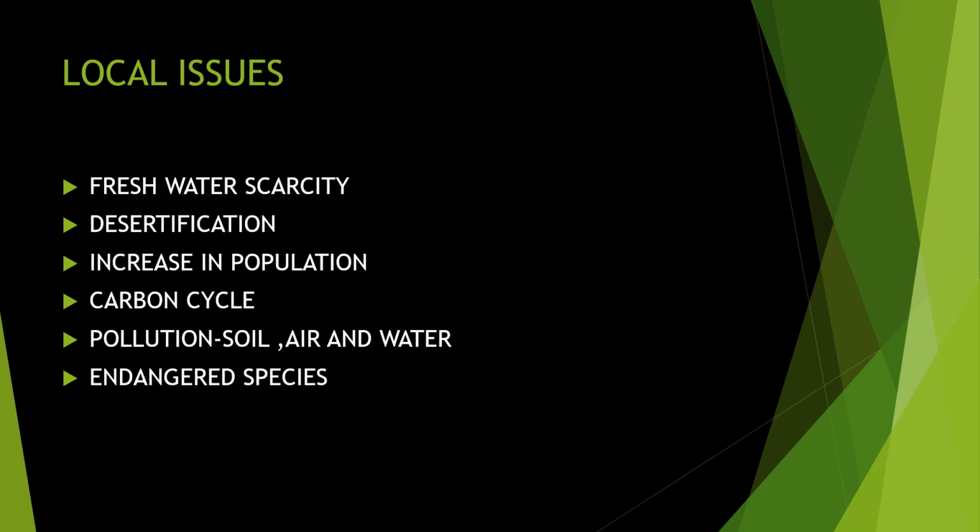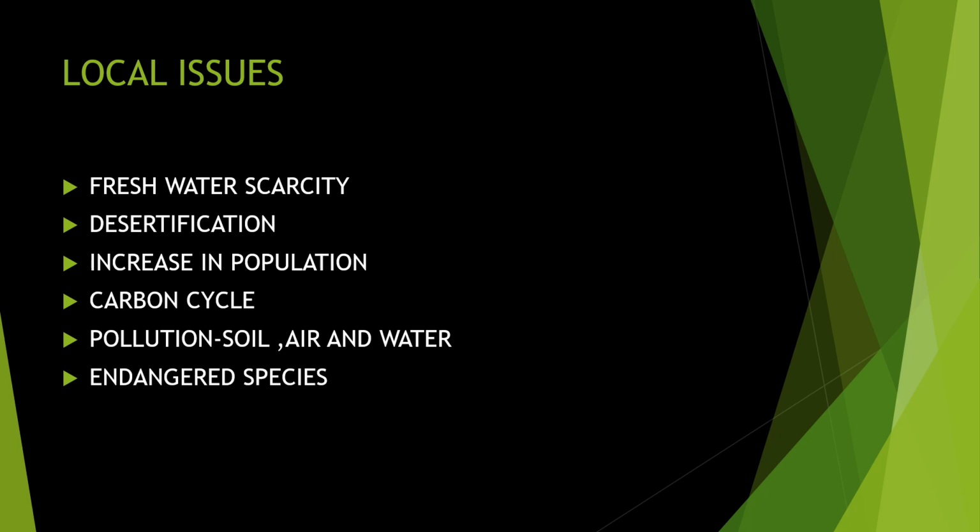Next is the carbon cycle. We know that plants take in carbon dioxide and give out oxygen. When we cut down the trees, more carbon builds up in the atmosphere and it suffocates people. That is the next local issue. Next is pollution. Different kinds of pollution are there: soil pollution, air pollution, water pollution.